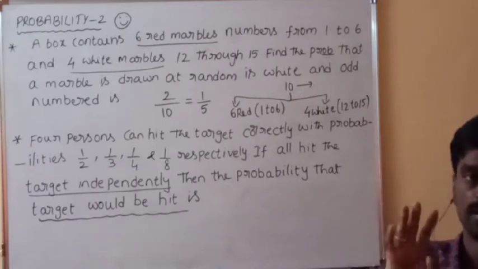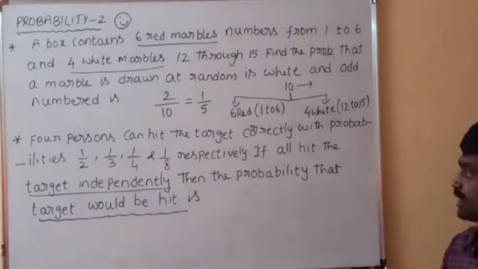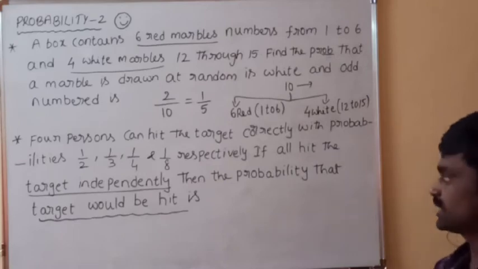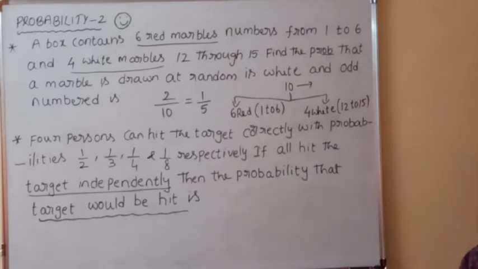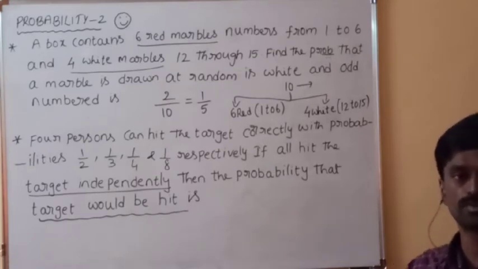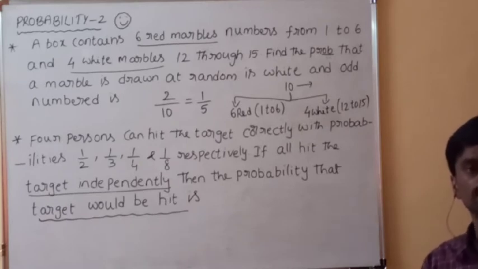So how many persons are there? 4 persons. First person 1 by 2, second 1 by 3, third 1 by 4, fourth 1 by 8. Let them be A, B, C, D.